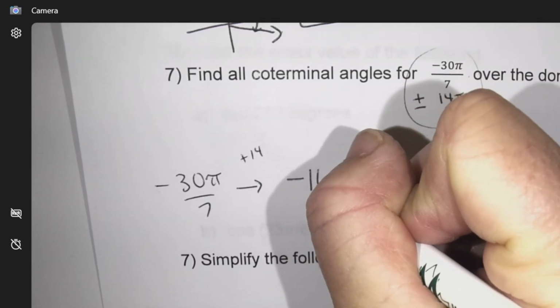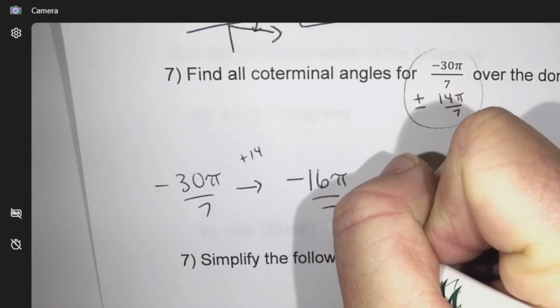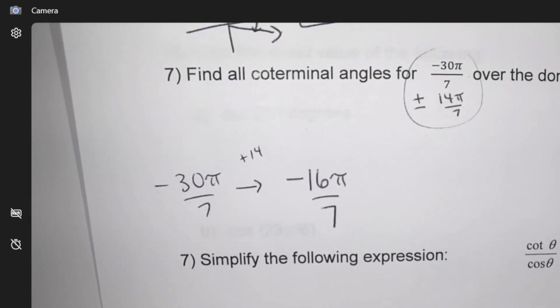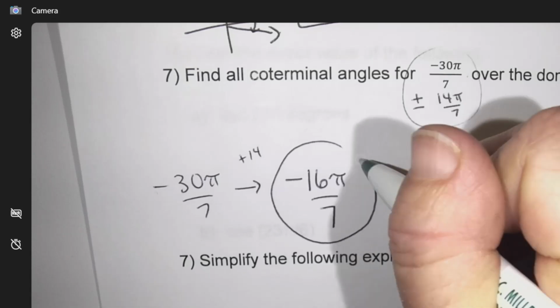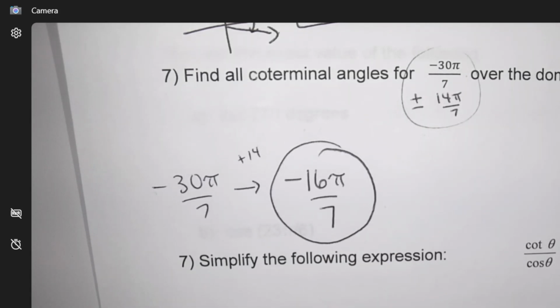So what are we going to get to? Negative 16 pi over 7 would be the next increment. So I went up by 14. Would that work in my interval? Yes, that's an answer. That works in my interval.